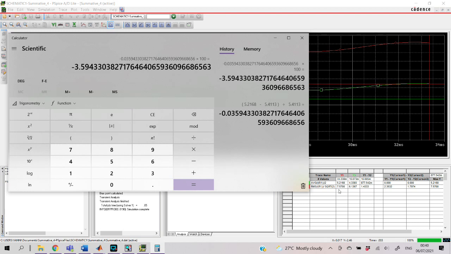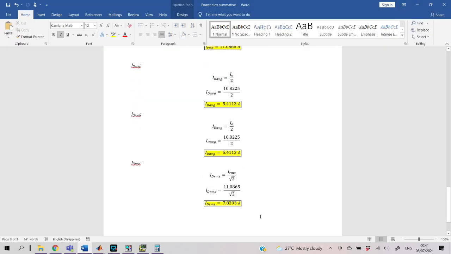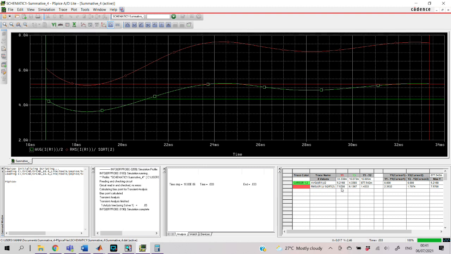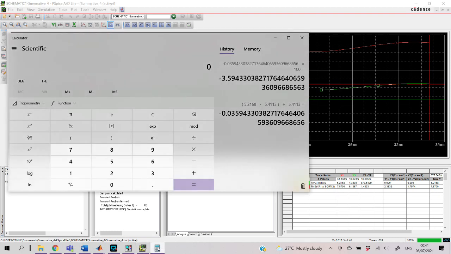So let's compute the percentage difference for the RMS value. As we can see, the RMS value computed is 7.3893, and the simulated value is 7.57.